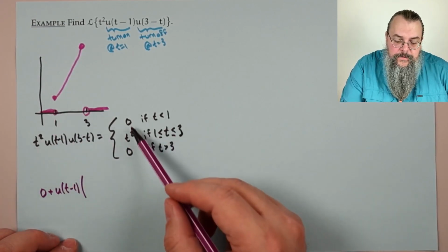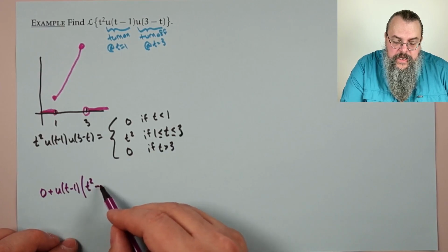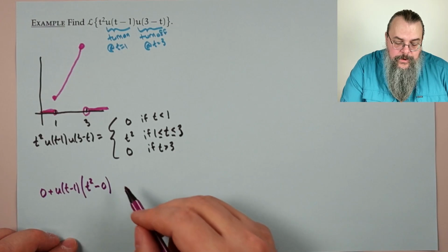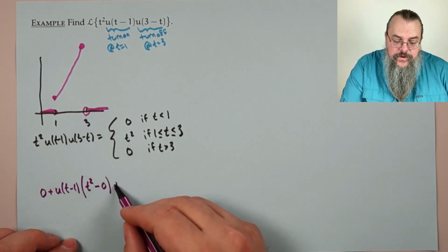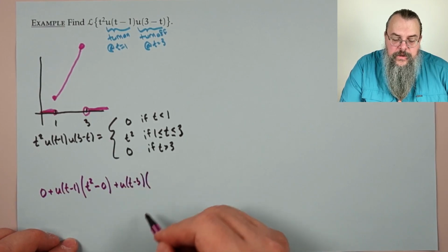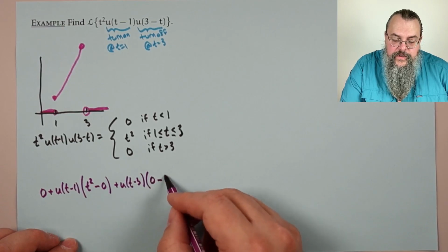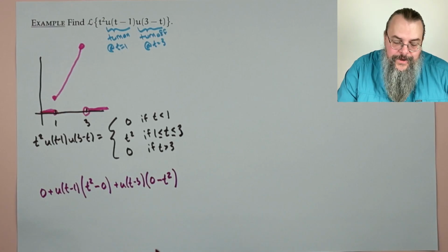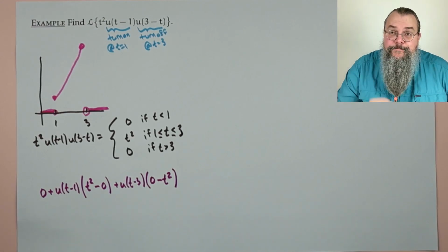What comes after 1 is the t squared, we're turning that on, and then we subtract what came before, which is 0. Now, what is our next change? 3. So u(t minus 3). And then what's our after? 0. What's our before? t squared. And there we have our function in one line.